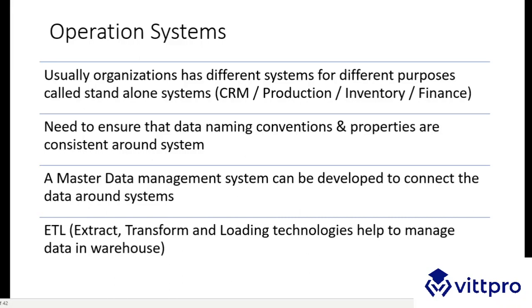The ETL technologies are the bridge between your different operating systems and your data warehouse. They take the data from the operating system, match it with the master data management system, transform it into the same format with the same definitions, and put it into the data warehouse. So that is the overview of your different operating systems.